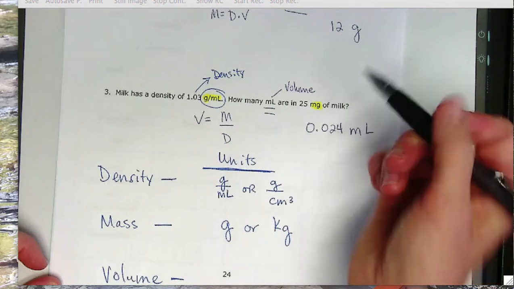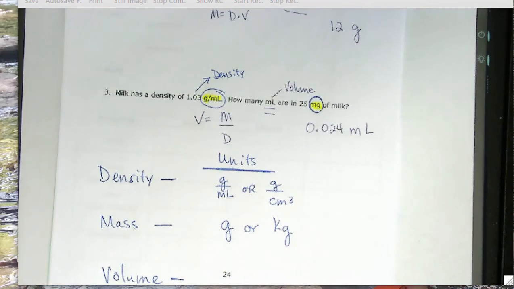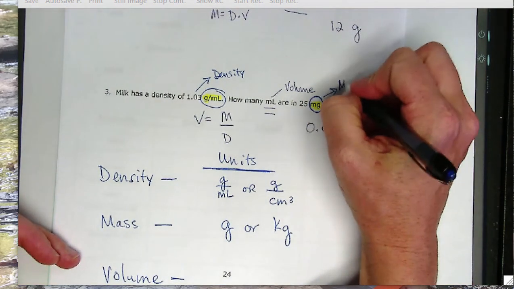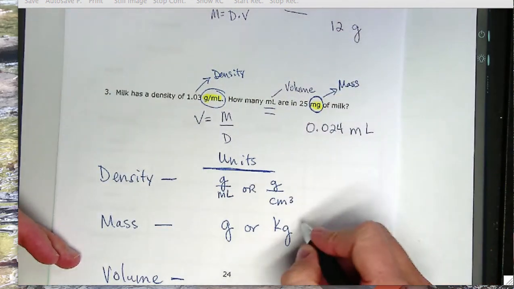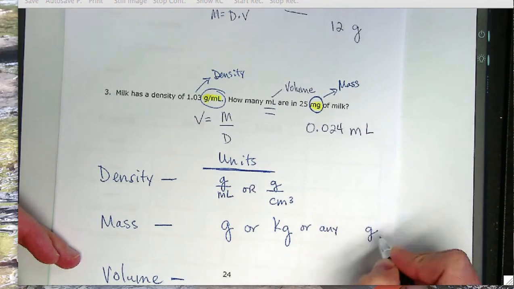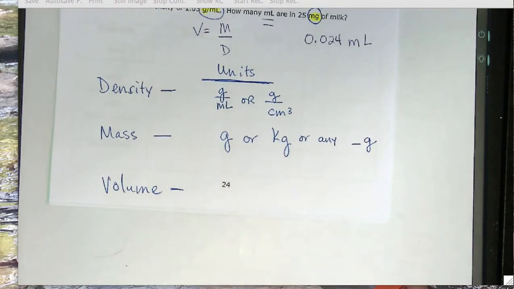And if you look at this unit, a unit of milligram would be a variation of a gram, so it's mass. Right. I'll put 'or any g.' I think an easy way to think about it is that density units are a fraction, and always will be. That's a good way to look at it.